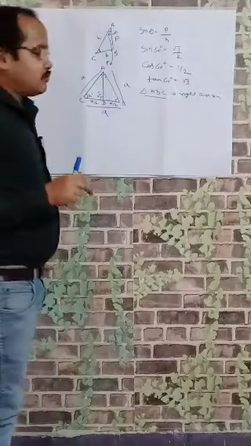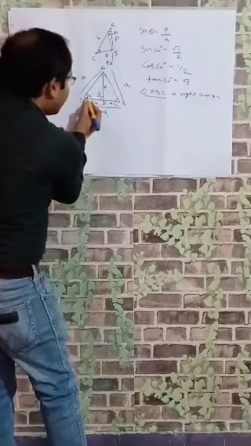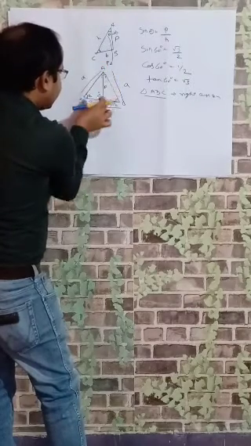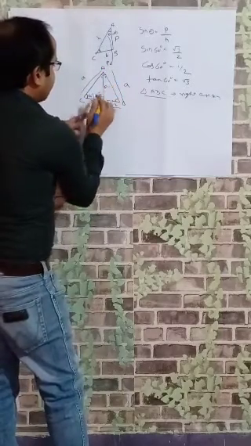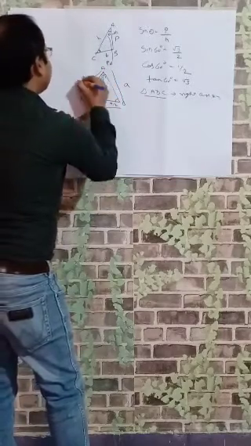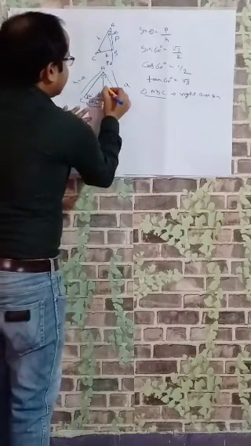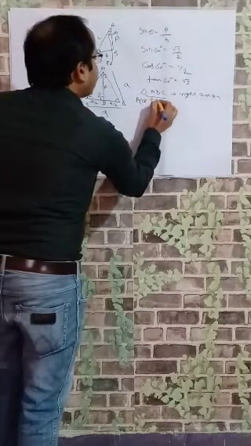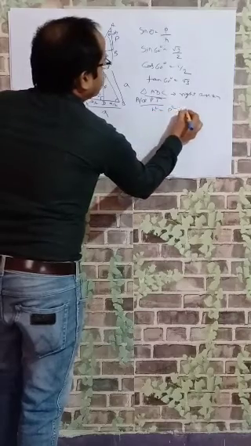Using the Pythagoras theorem, if we are measuring theta between this line and this line, this will be the perpendicular, this will be the base and this will be the hypotenuse. Now this is P. According to the Pythagoras theorem, H square is equal to P square plus B square.